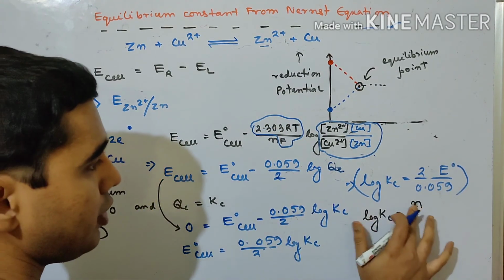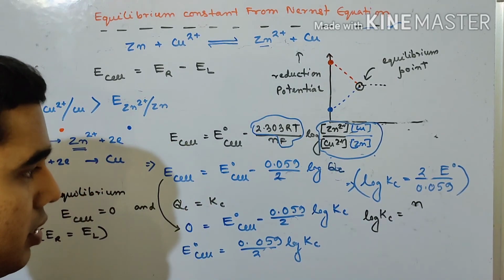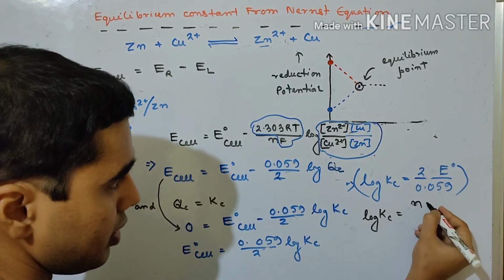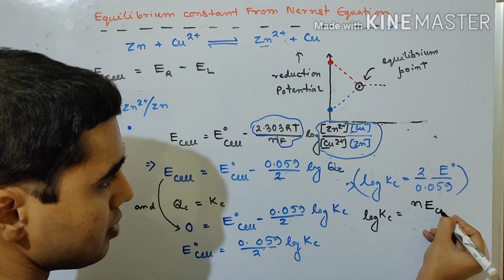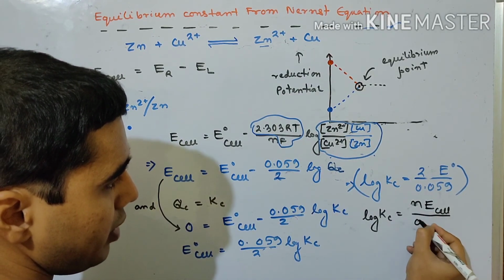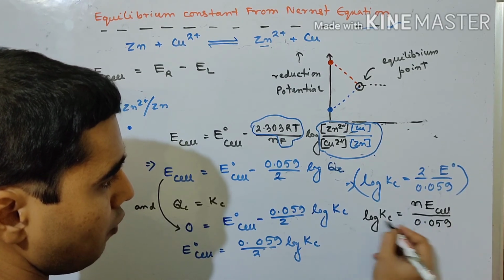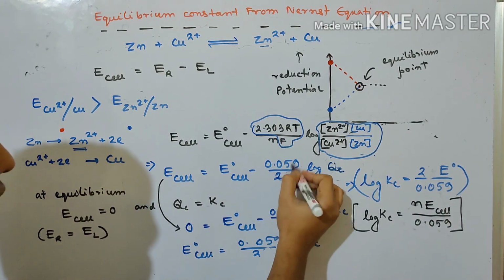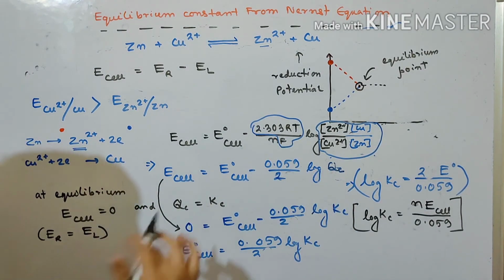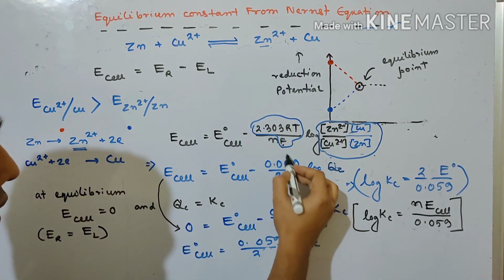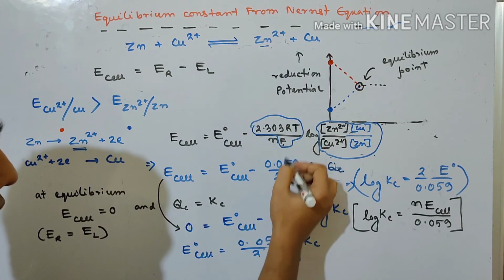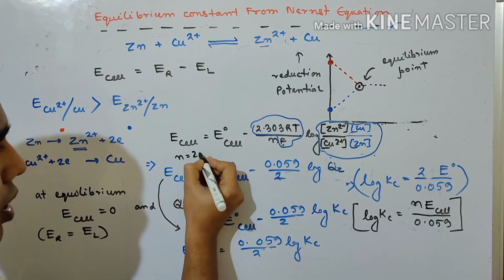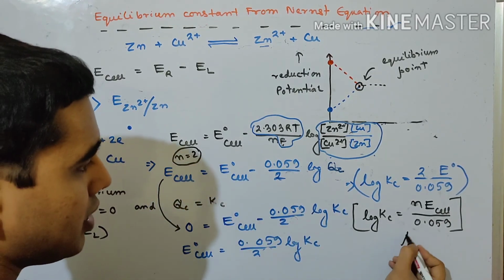So in general it should be log Kc equal to n into E cell divided by 0.059. Earlier I have written F, which you see here; if you calculate F, then only it will come, and n in this case was 2, but this is the generalized case.